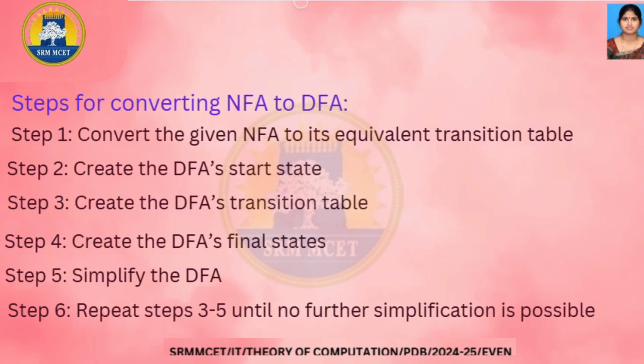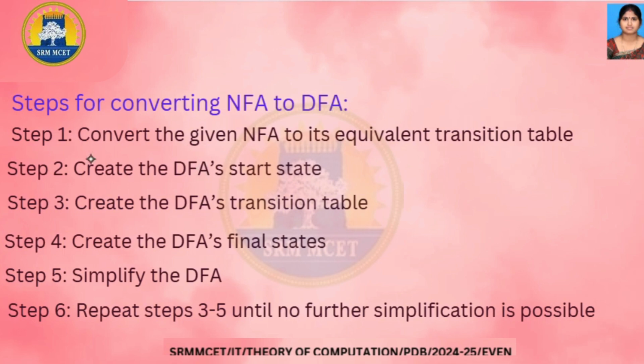On to our topic, conversion of NFA to DFA. Here I have given the steps for converting the NFA to a DFA diagram. Already we have seen the difference between the DFA and NFA; there are two important differences. So the question may be given with an NFA example, and with the following steps we have to convert it into a DFA. For this DFA we have to come up with the transition diagram as well as the transition table.